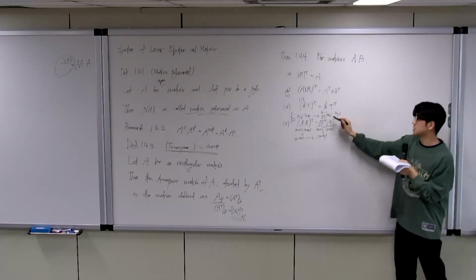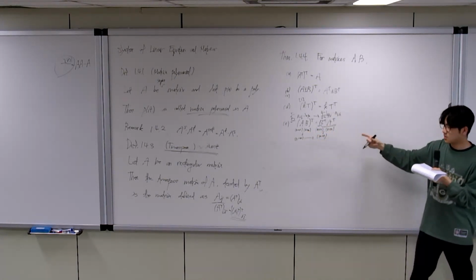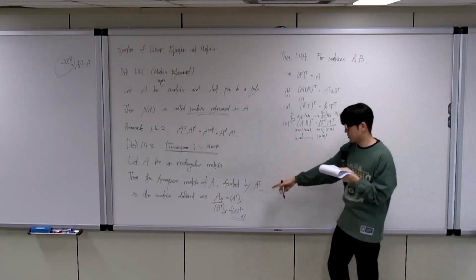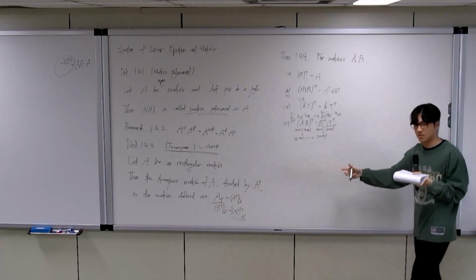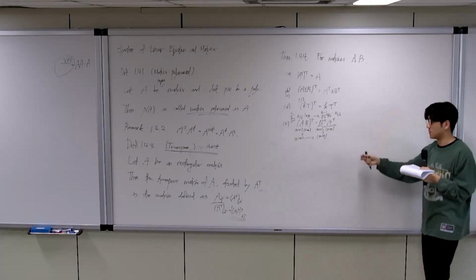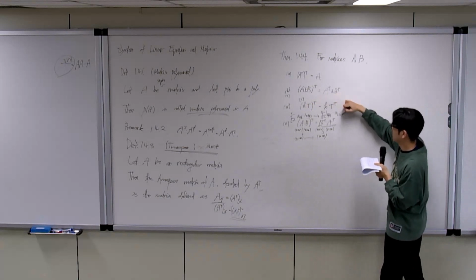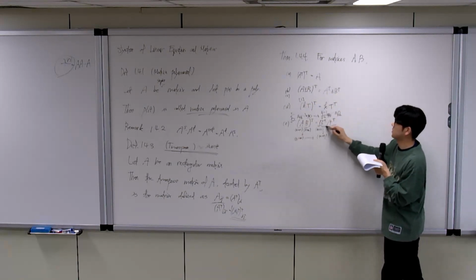It is just changing the i-th row and j-th column to the j-th row and i-th column of each matrix.